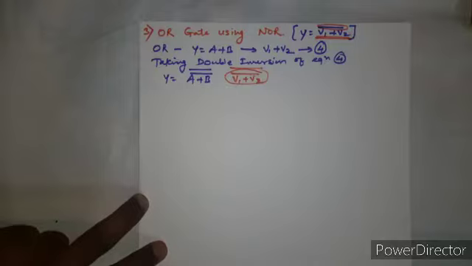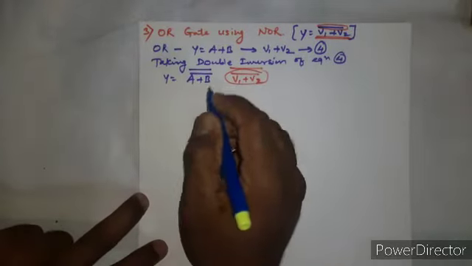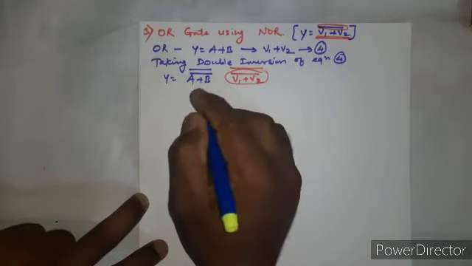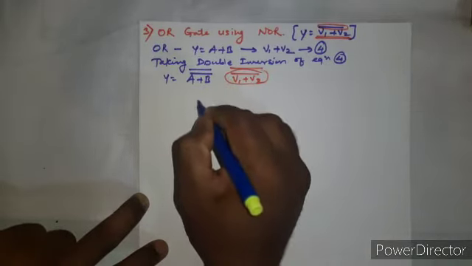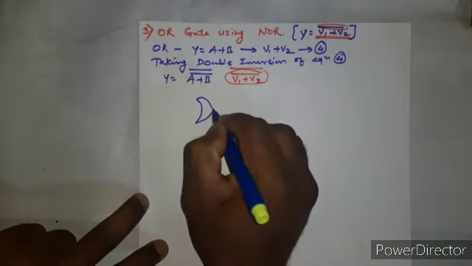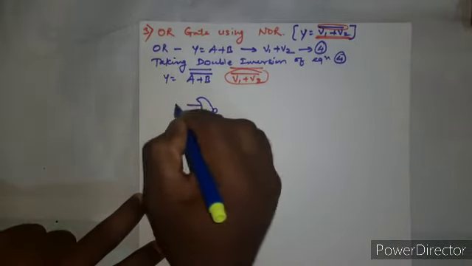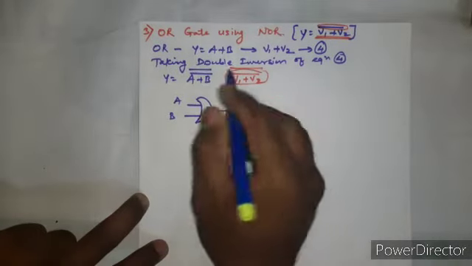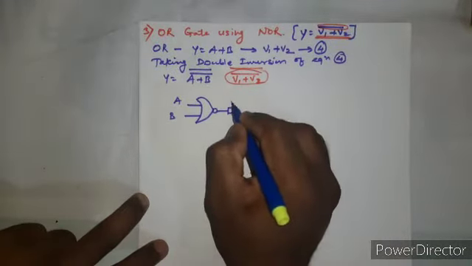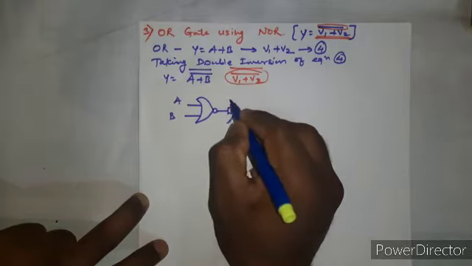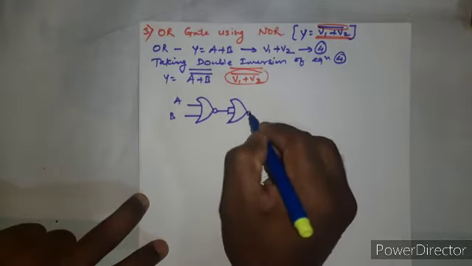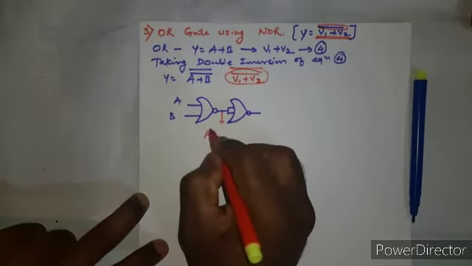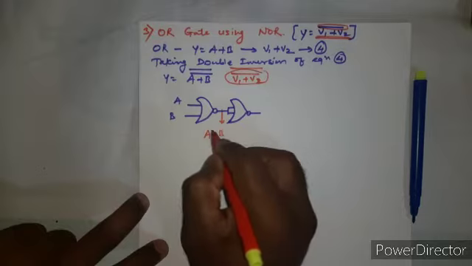Now how can we implement this? Simply we have to take two NOR gates here. This is A, this is B, and this needs to be shorted. Here the output is A plus B whole bar.